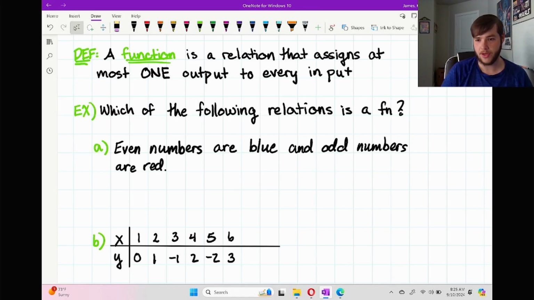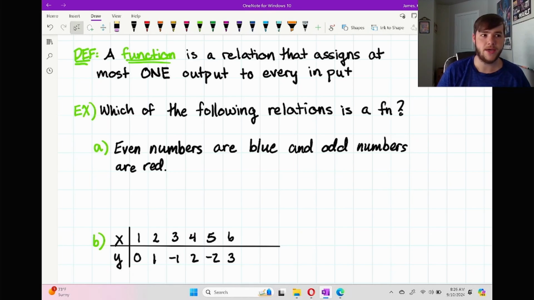For each input being a number, does this assign at most one output? Well, yes, because no numbers are both even and odd. If I take a number, say 2, it's even, so it becomes blue. And it's not ever going to be red. So this assigns at most one color to each number.